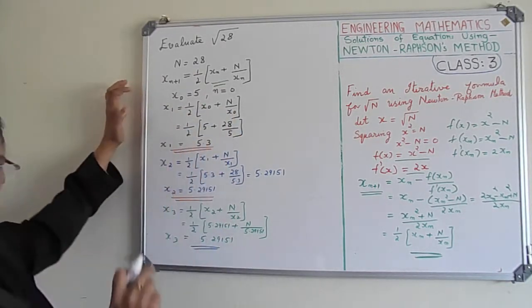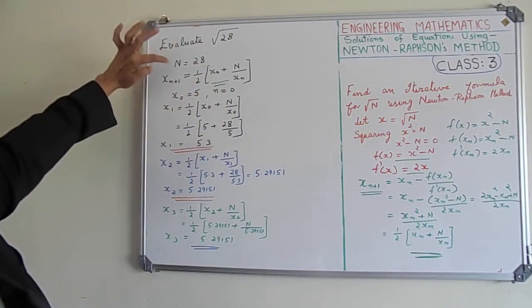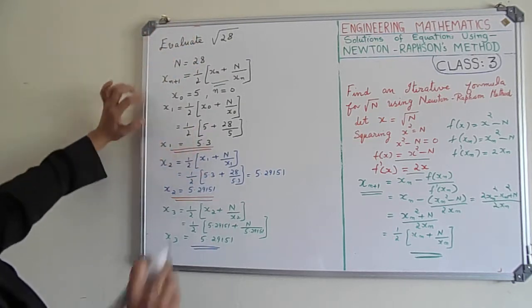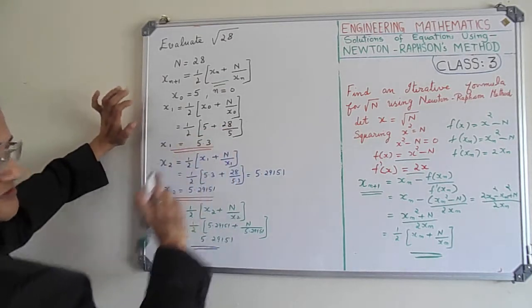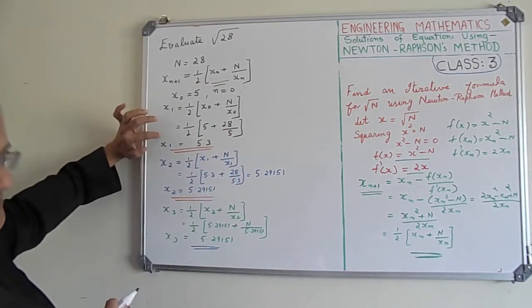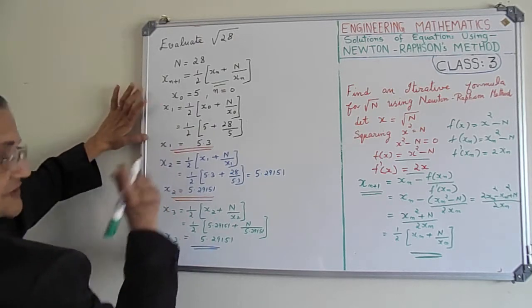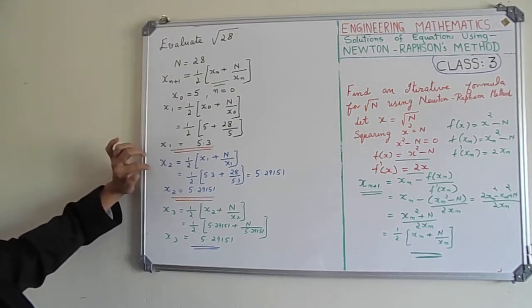Here x0 is equal to 5 and n is equal to 28. Substituting, half times (5 plus 28 upon 5). When we simplify this, we get 5.3.